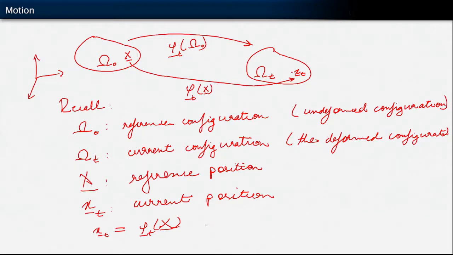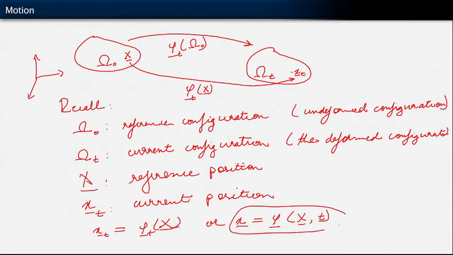So the other way in which this is often done is to simply write x as being the current position obtained through a mapping of the reference position X at time t. Okay? And in that context, if we agree with this representation, then when we come back to this one, we just think of it as being at some fixed time t. The one on the left.